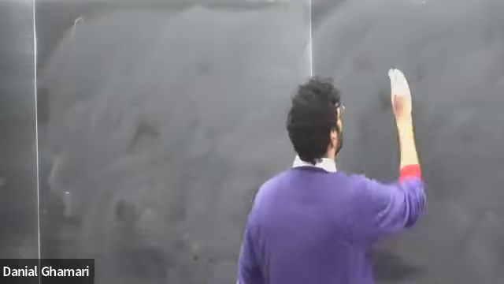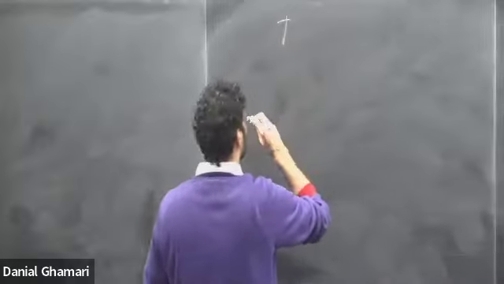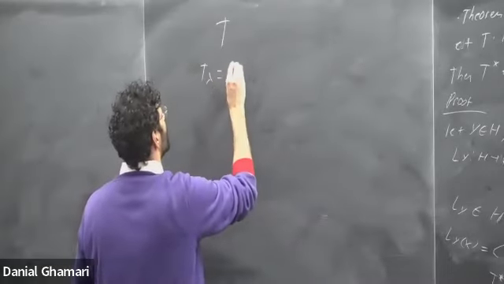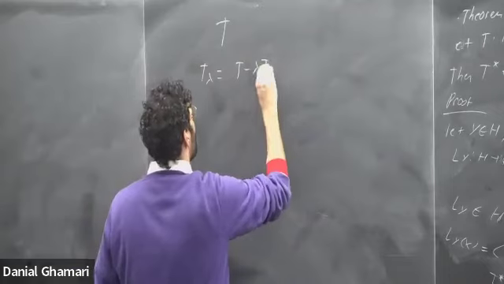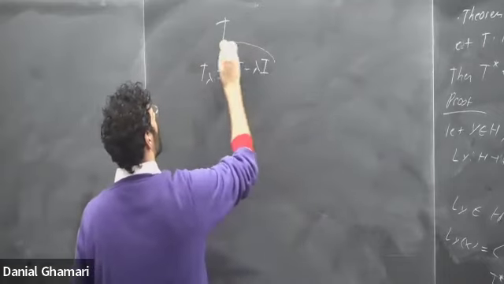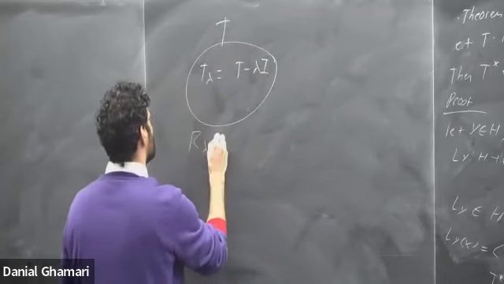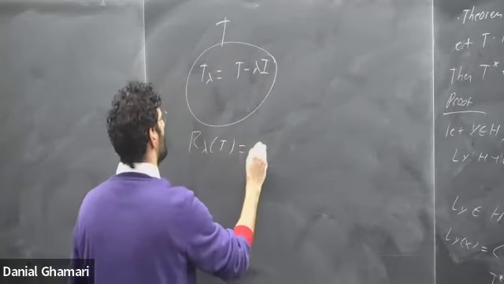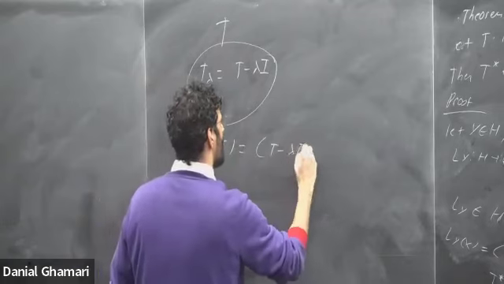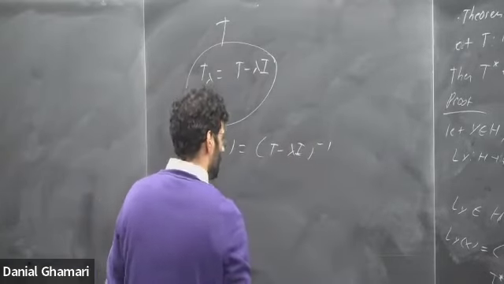So what we define is, okay, we have some operator T, right? So we define T_lambda to equal T minus lambda I, right? So this is basically your eigenvector equation. Then we define the resolvent R_lambda(T) equals (T minus lambda I) inverse, right?